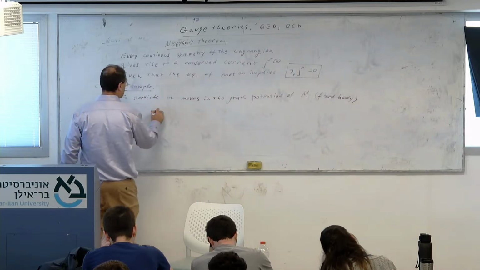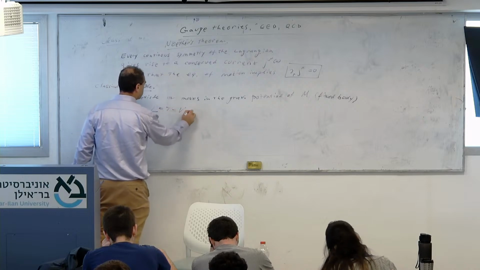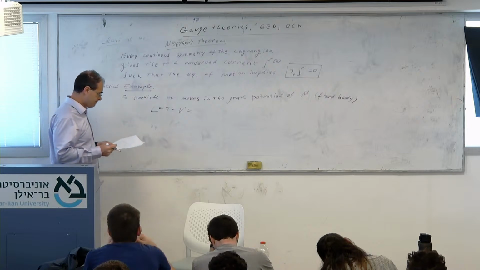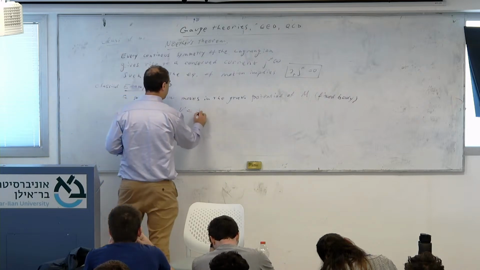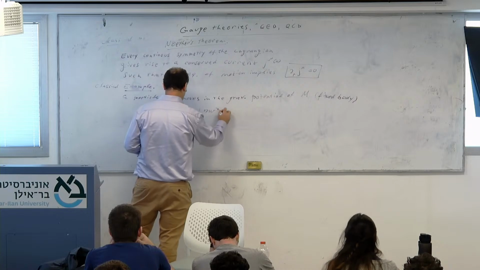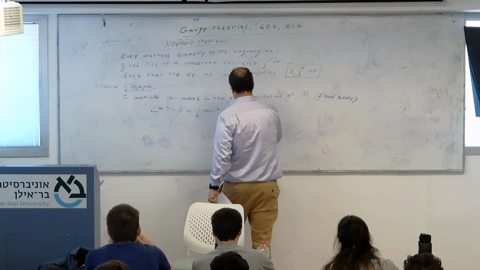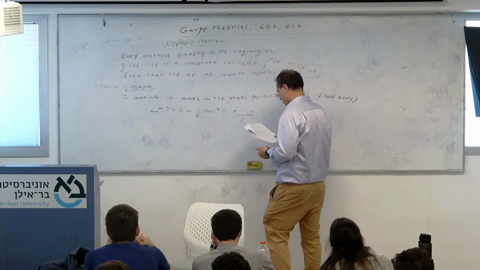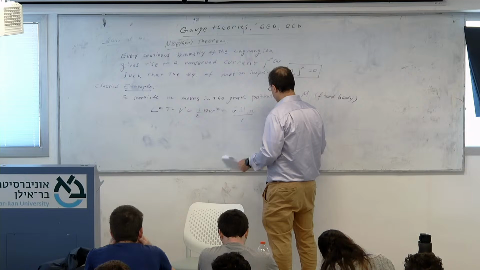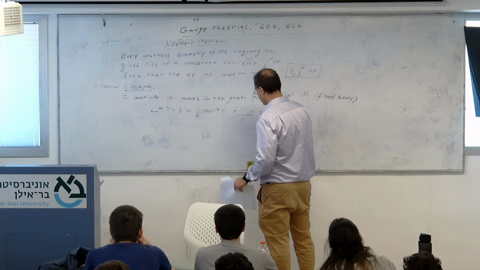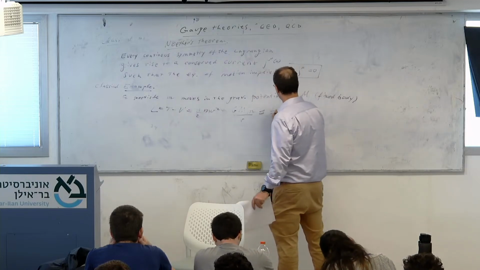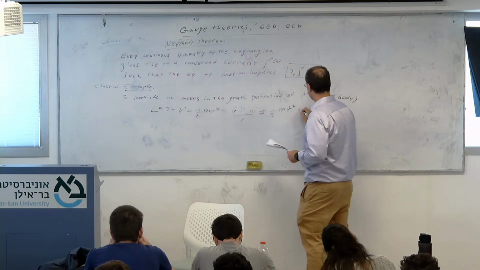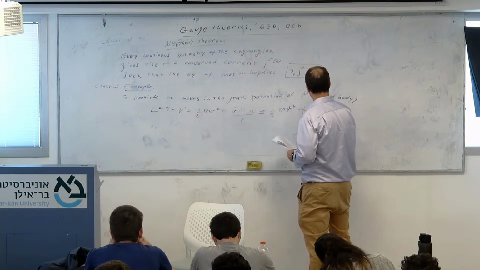What's the Lagrangian? That's classical: T minus V. Half m v squared plus G M divided by R. If we switch to polar coordinates, that's going to be half m r dot squared plus half m r squared phi dot squared.